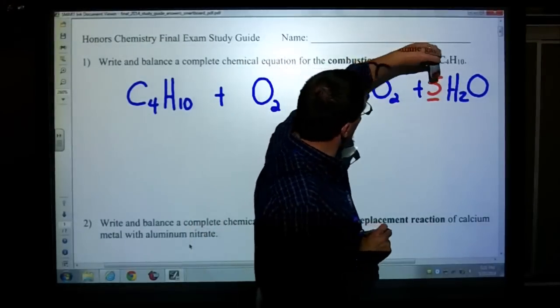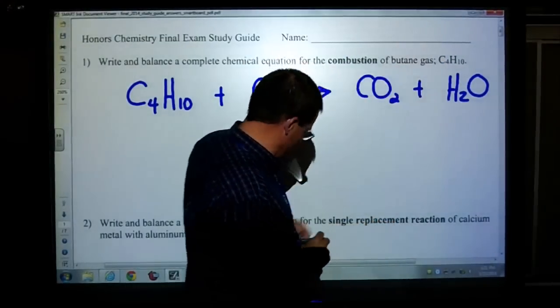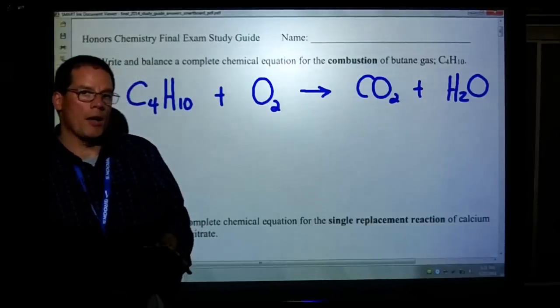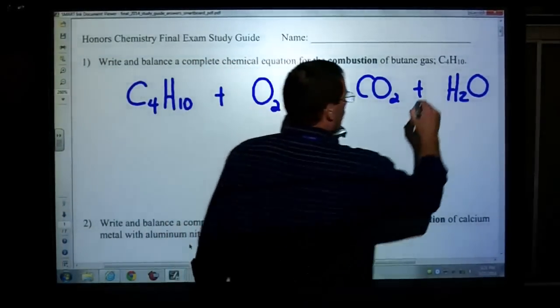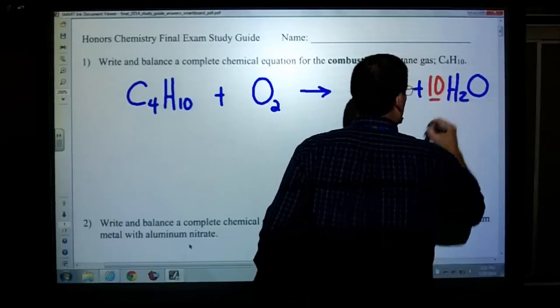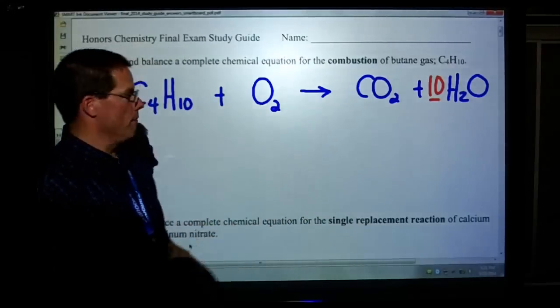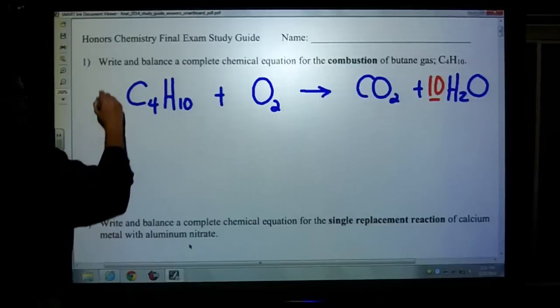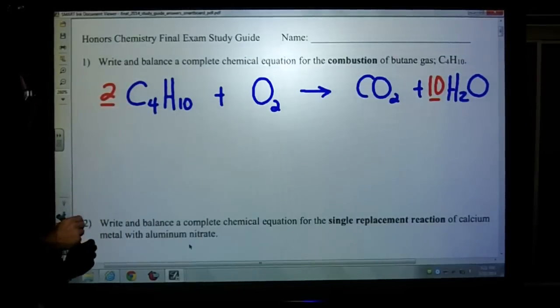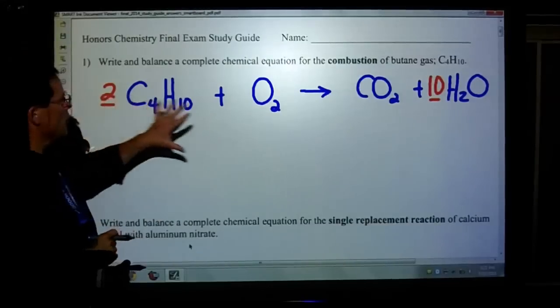So that is a bad idea. 5 is a good value, but we want an even version of 5. So go ahead and double it. So say to yourself, okay, well, 5 is a great number, but I'm going to double that. So now I've got 20 hydrogen, so I need 20 hydrogen over here. So let's put a 2 there. All right, so my hydrogens are balanced.